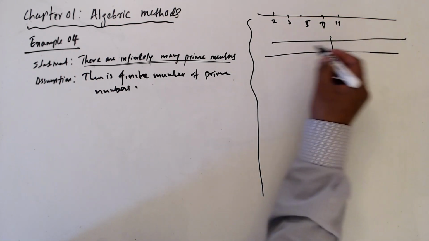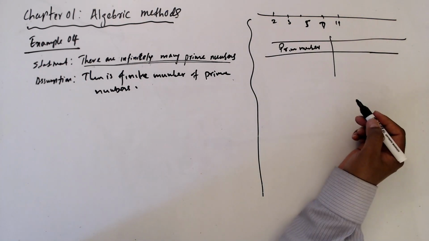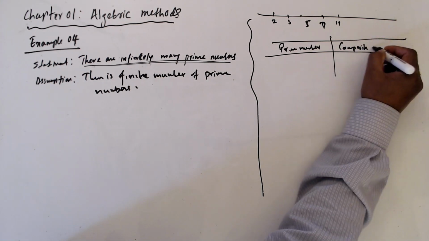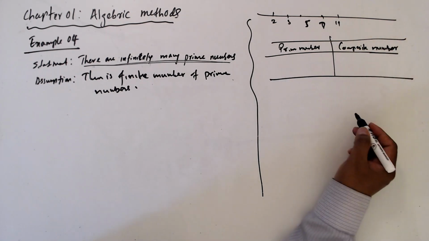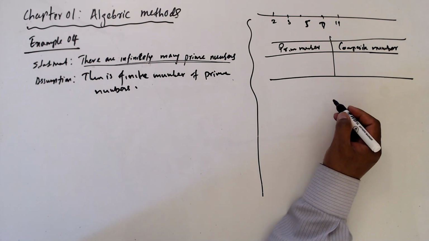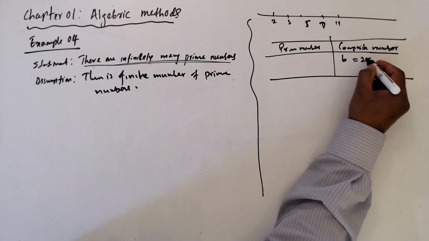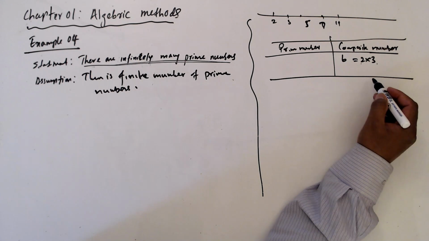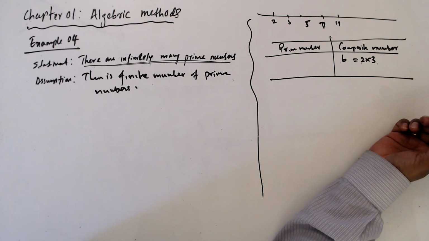Any number in this number line is either a prime number or, if it is not a prime number, it is a composite number. So any composite number you can write as a multiple of prime numbers. For example, if you take 6, you can write 2 times 3. So 2 and 3 are prime numbers. So composite numbers we can write as a multiple of prime numbers.